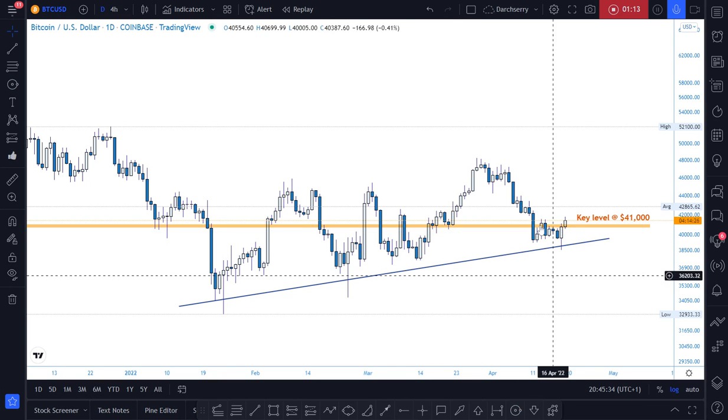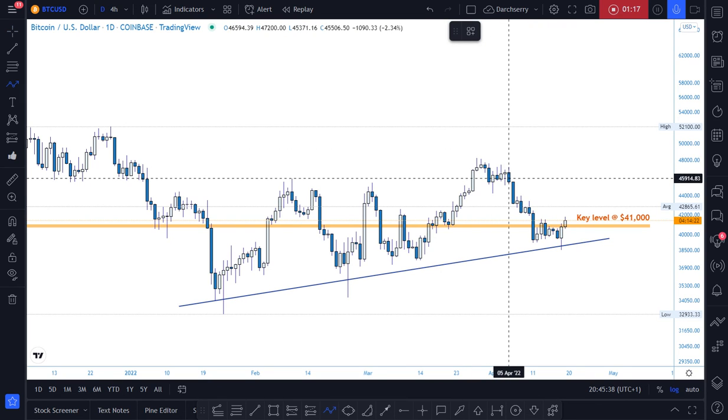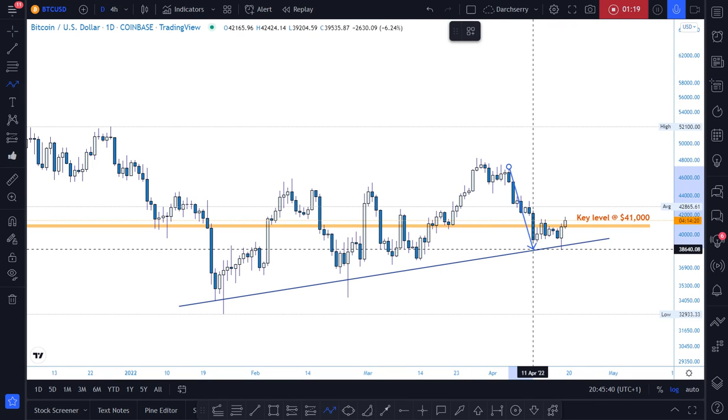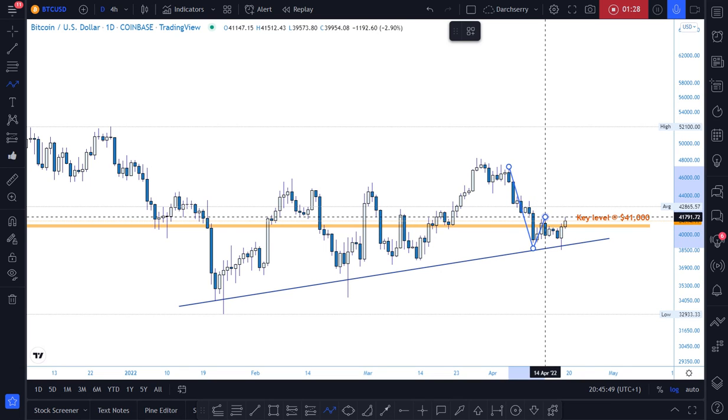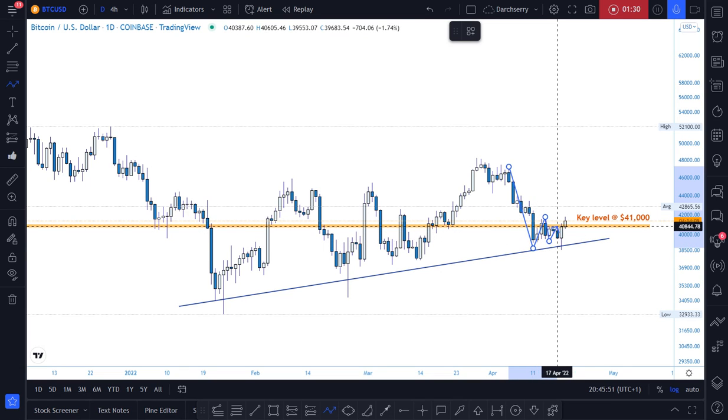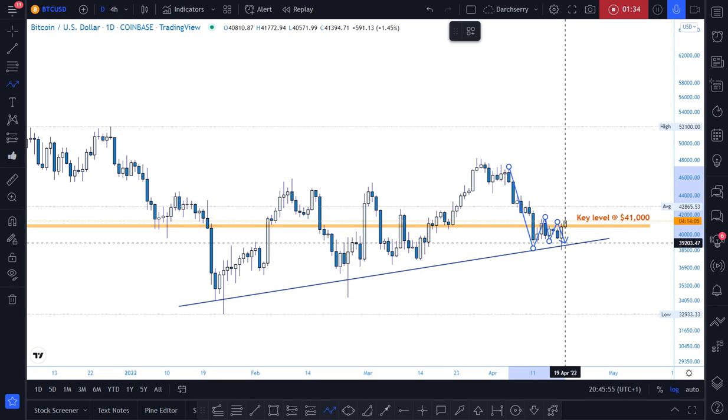And not until something happened, a breakdown of that key level earlier in the month of April. After this breakdown of that key level, we had a reversal structure happening around that key level area at 41,000, which also shares a confluence with the bullish trend line identified on the daily time frame.